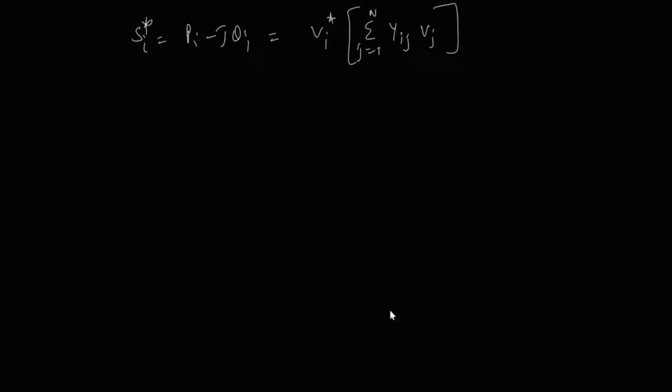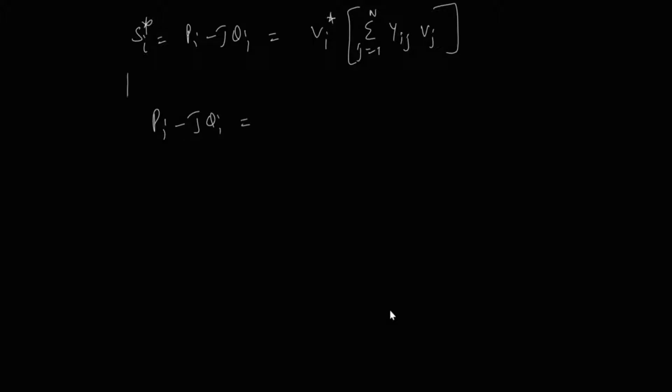This is our basic equation from where we are moving. Right. So Pi minus jQi.